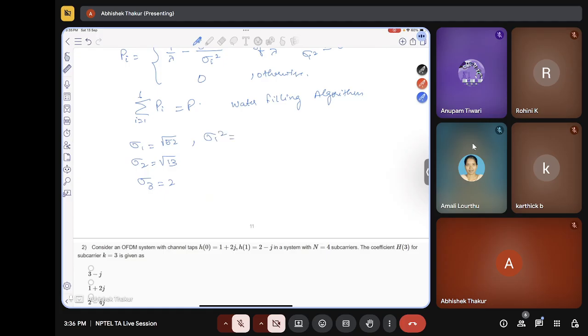So sigma 1 squared will be 52, sigma 2 squared will be 13, and sigma 3 squared will be 4. These are the three non-zero singular values. And what will be the rank of this matrix? 3, because it is having three non-zero singular values.